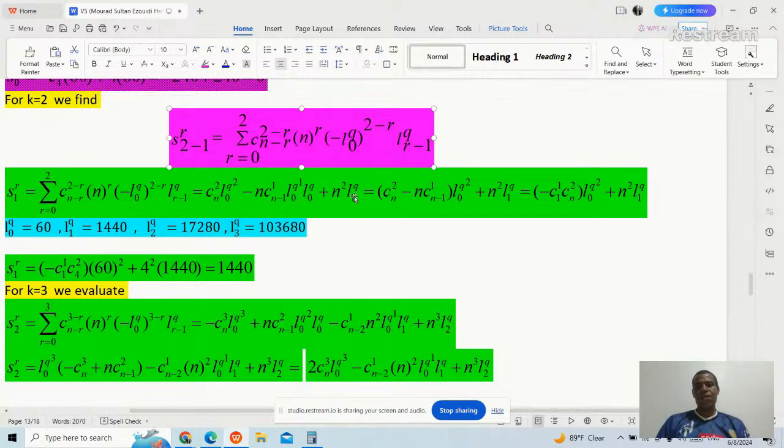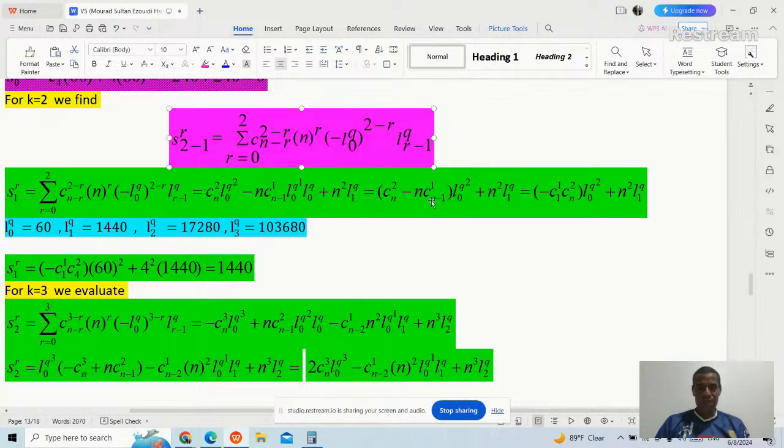And now you can see that L0 times L0 is L0 squared. So this one is a common factor. I will put it into parentheses. Combination n choose 2 minus n combination n minus 1 choose 1 times L0 for the q squared plus the square of n times L1 over the q.